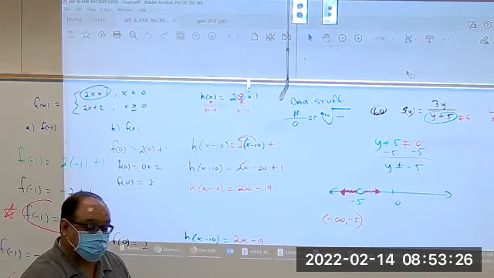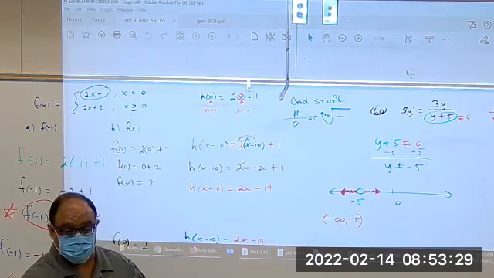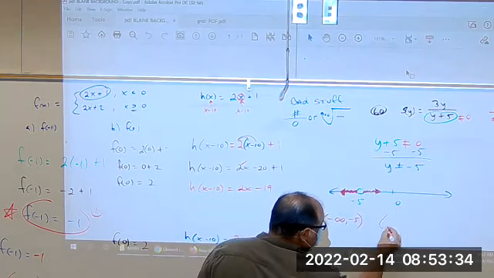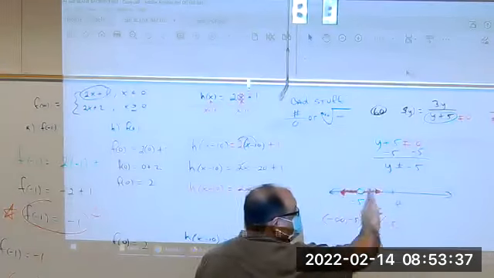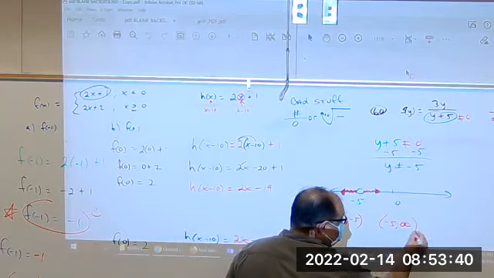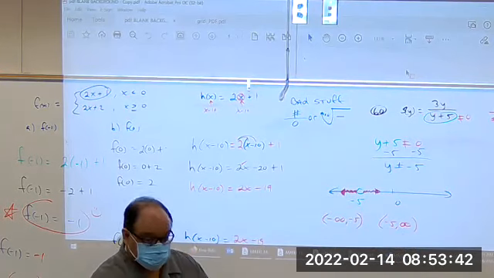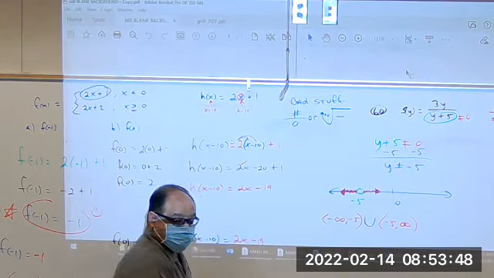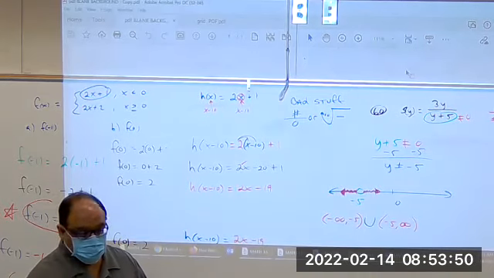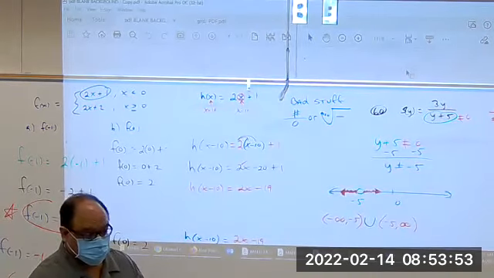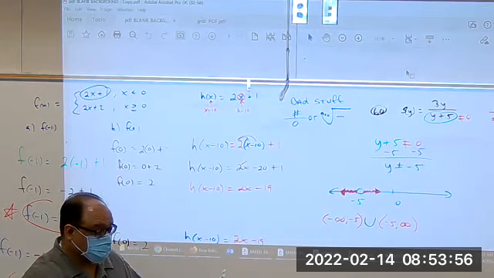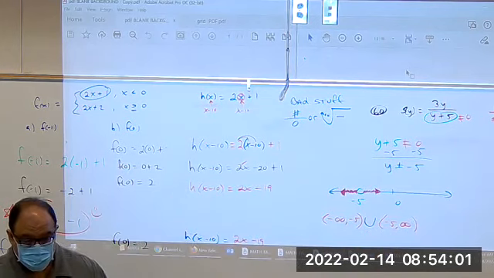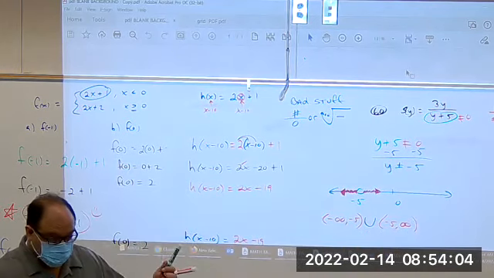And on the other side, it starts at negative 5 and goes all the way to positive infinity. It's a union, so in between you put the union of those two sets. That joins them together. So the domain is all the numbers in this interval joined with all the numbers in that interval.